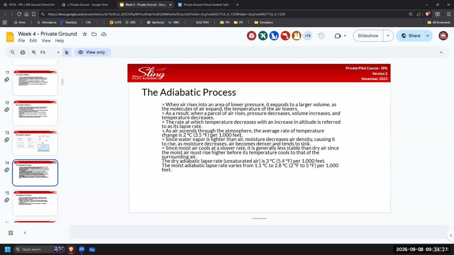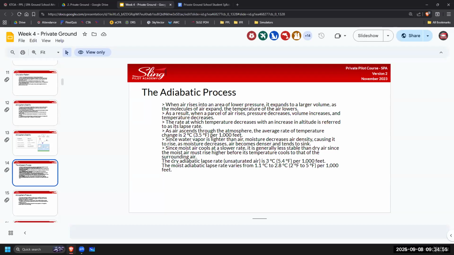Okay, we already talked about the standard lapse rate, right? So that's going to be as air ascends through the atmosphere, the average rate of temperature change is 2 degrees Celsius per 1,000 feet. This has to do with moist air versus dry air. So at the very bottom, it has the dry adiabatic lapse rate, unsaturated air versus the moist lapse rate.